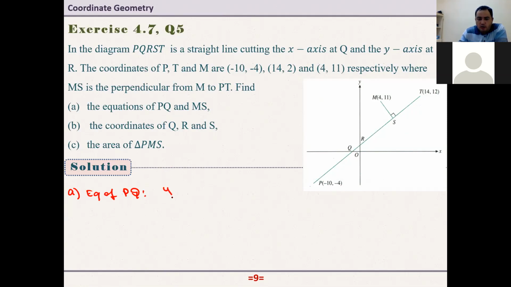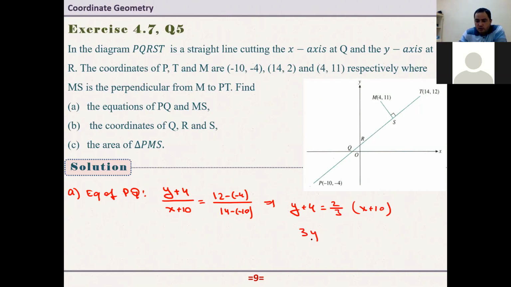So that is y plus 4 over x plus 10 equals 12 plus 4 over 14 plus 10. Now from here we can get the equation y plus 4 equals 16 over 24, by 8, it is 2 over 3 times x plus 10.